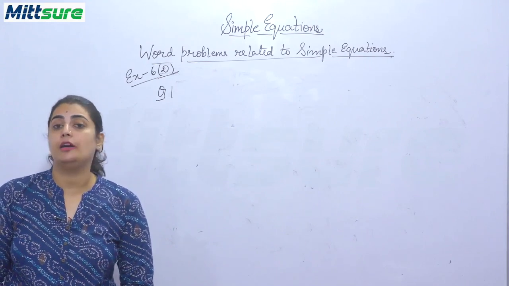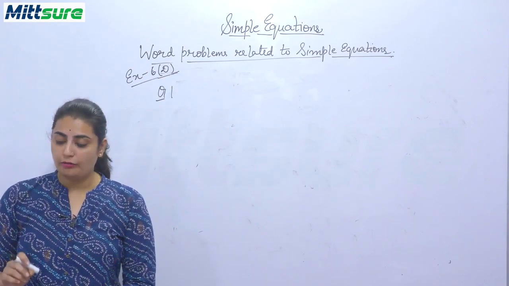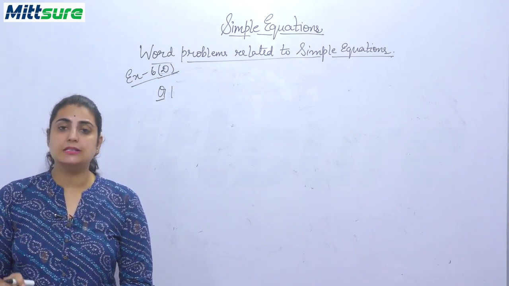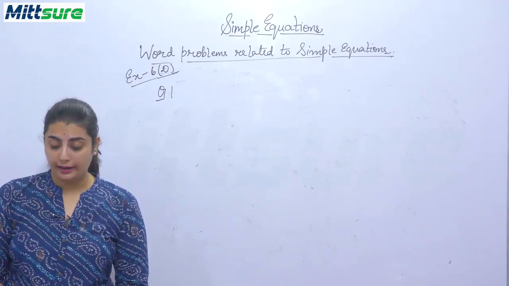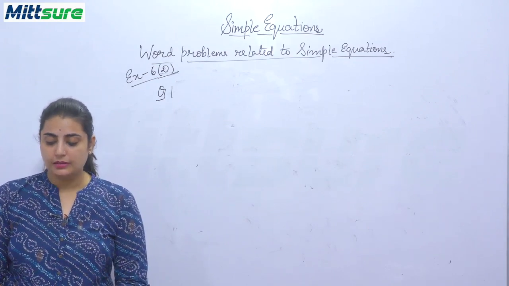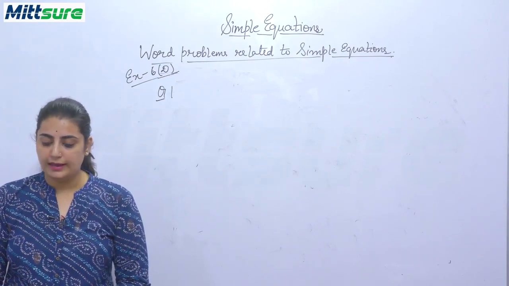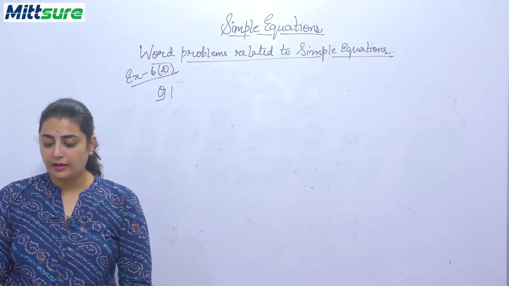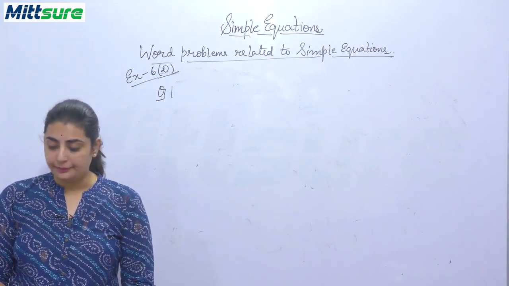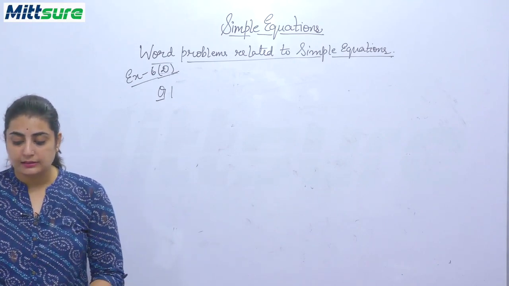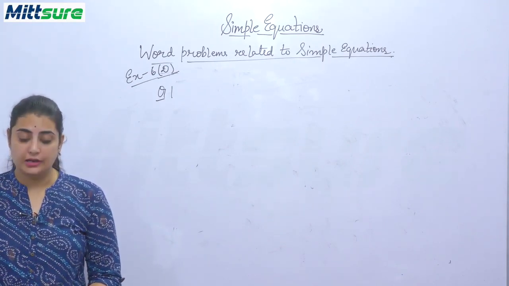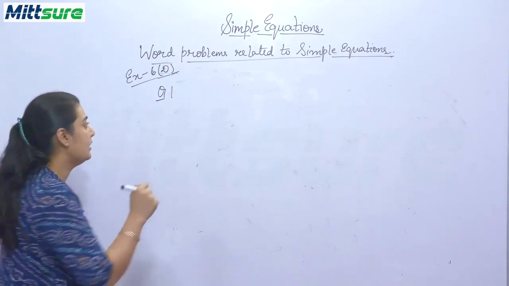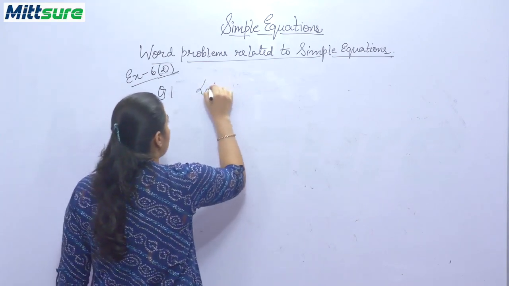That means you have to find out the age of each of the members or persons given in the question, that is Ria, Priya and their mother. Ria's mother is 3 times as old as Ria and 4 times as old as Ria's sister Priya. Okay, now Priya is 3 years younger than Ria. So what we are going to do, we will suppose Ria's age as X years.